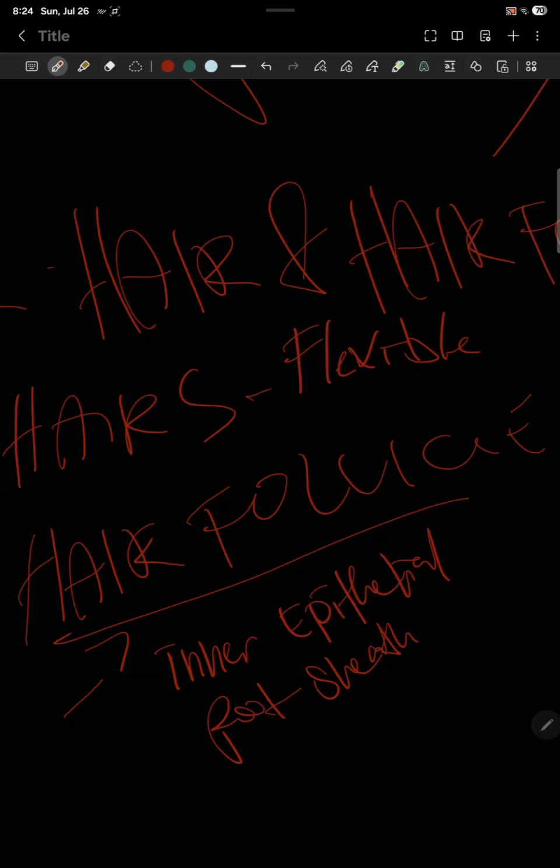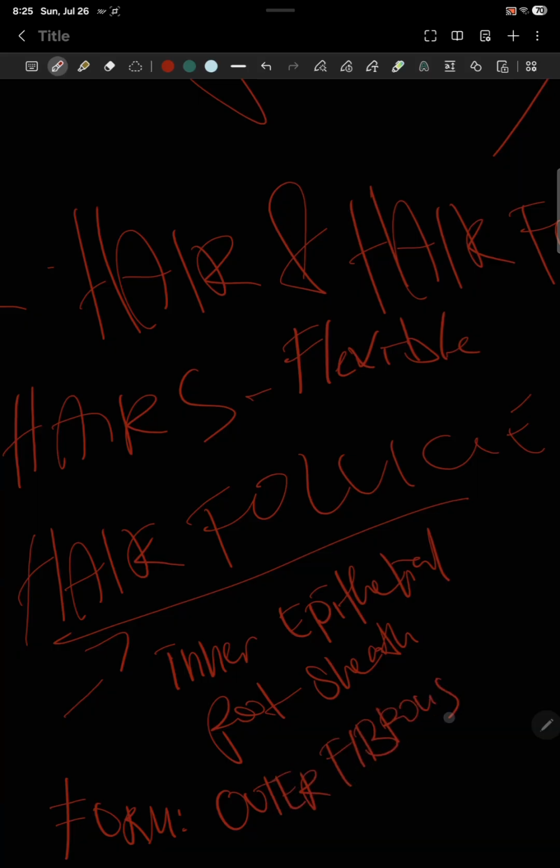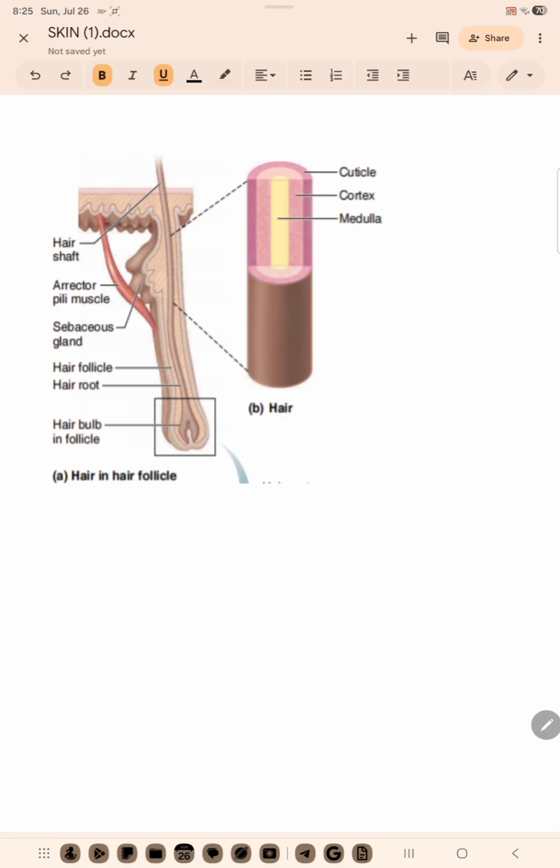So mao ni siya ang noun. Hair root, hair follicle, hair bulb and follicle, cuticle, cortex, medulla, natong hair shaft, erector pili muscle.